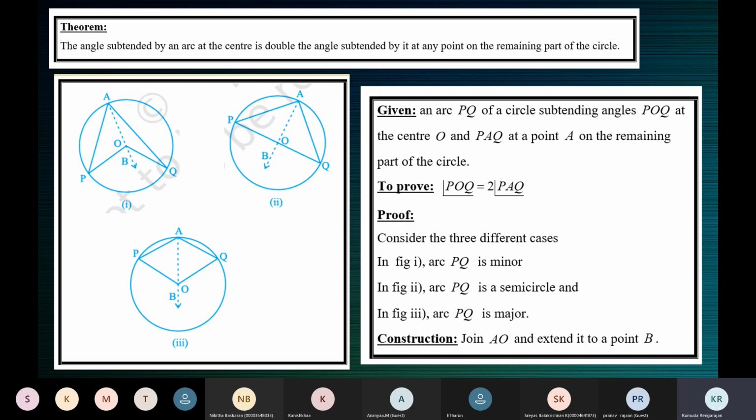This theorem, children, was explained in the last class. I want you to write this in your notebook. Take a screenshot now.